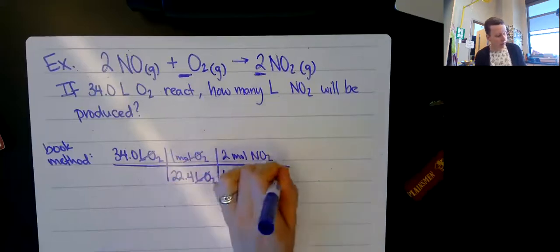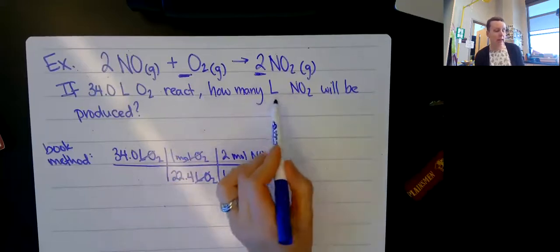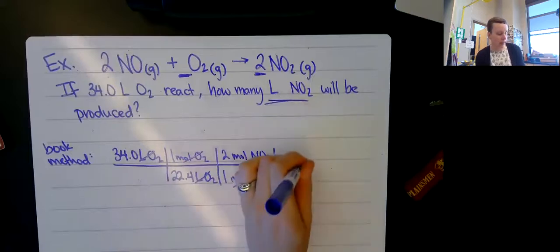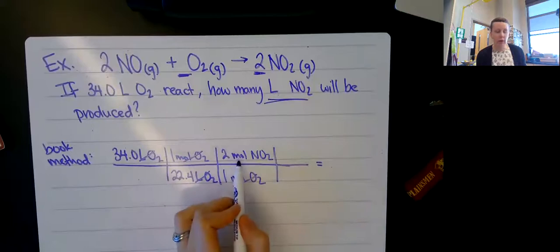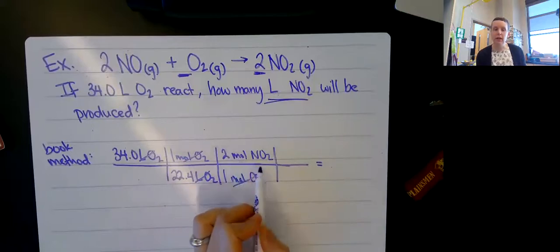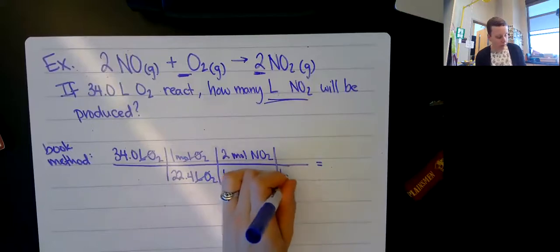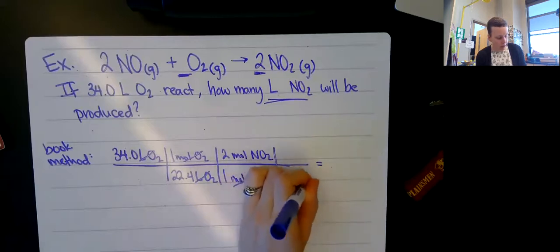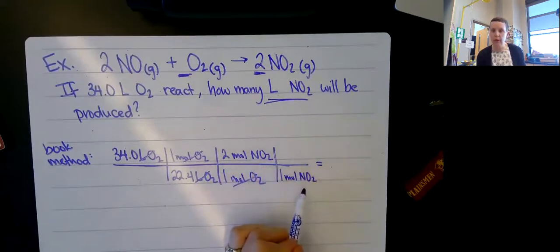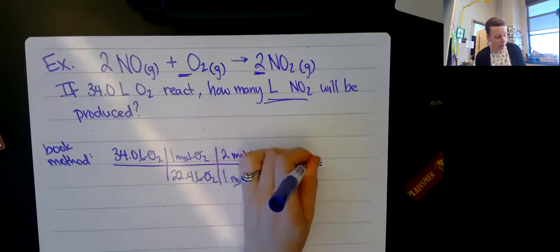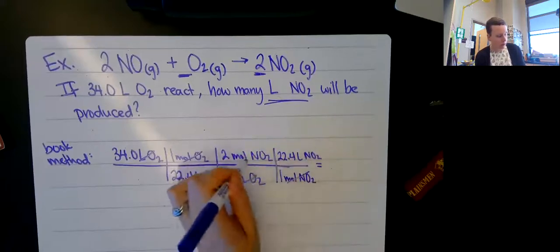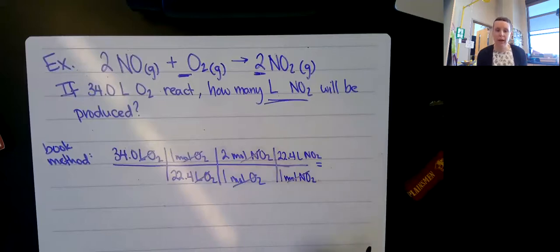All right. But the problem is asking how many liters of NO2. So I'm not done yet. Well, I'm in moles. I'm trying to get to liters. Again, 1 mole needs to go somewhere where you're going to cancel it. So 1 mole of NO2, and we know molar volume is 22.4 liters. So moles cancel. But if you look at this, what else cancels?